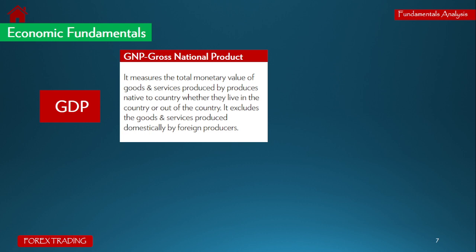It excludes the goods and services produced domestically by foreign producers. So if there are people who have come from abroad and are producing some goods and services in your country, those will not be counted in the gross national product.